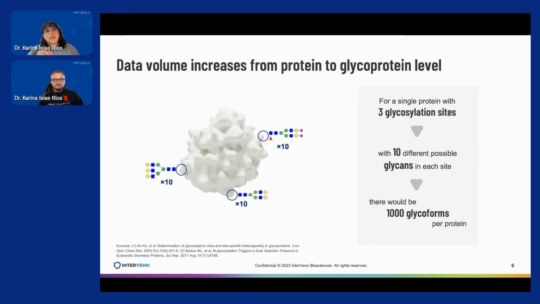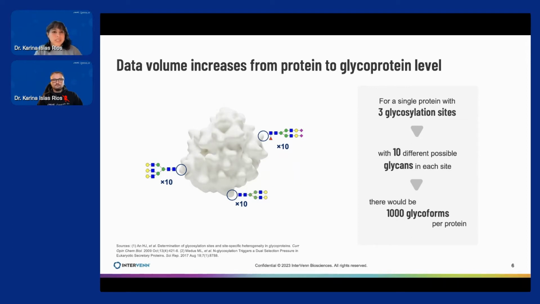So the complexity starts increasing because instead of looking only into one single protein, now we have to look into the same protein, considering that it has 3 sites where these sugars are arriving. And then if we consider that we have 10 possibilities, then we will end up with 1,000 glycoforms of that single protein.